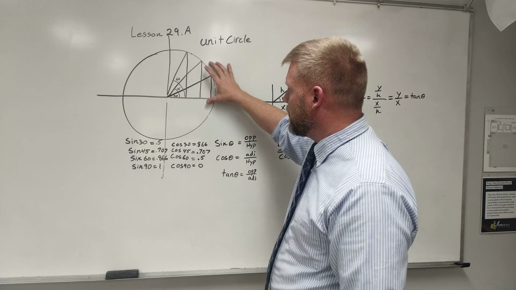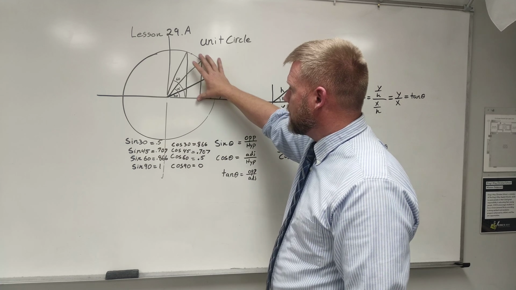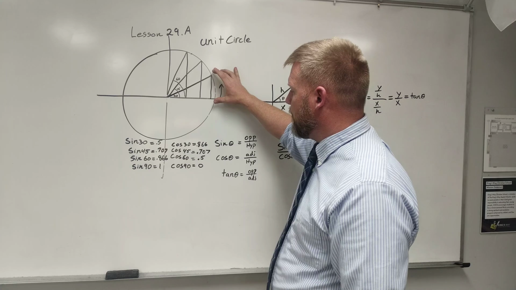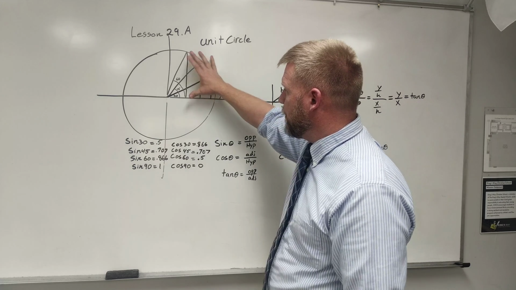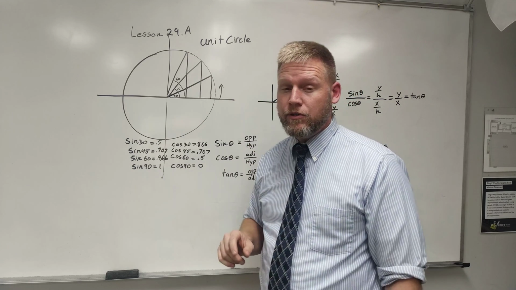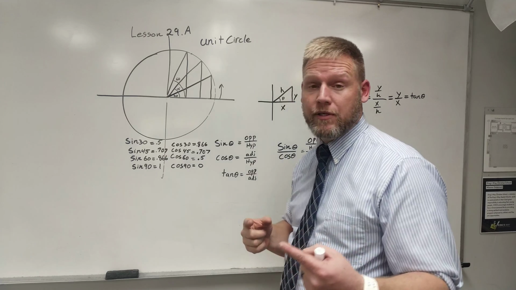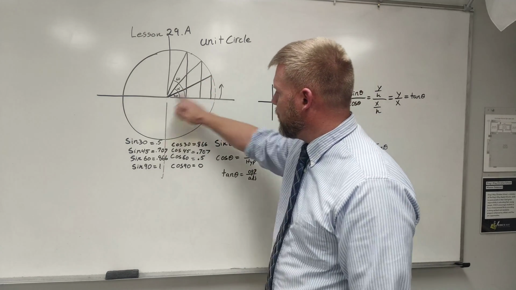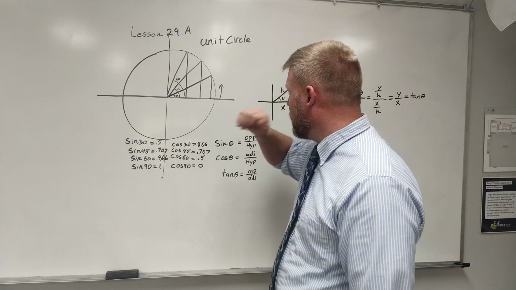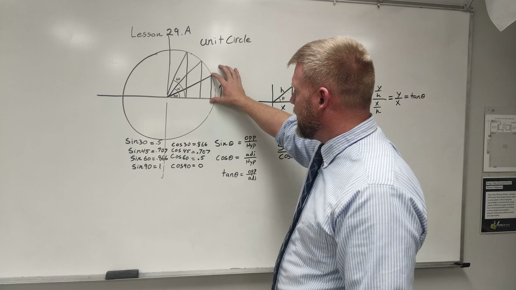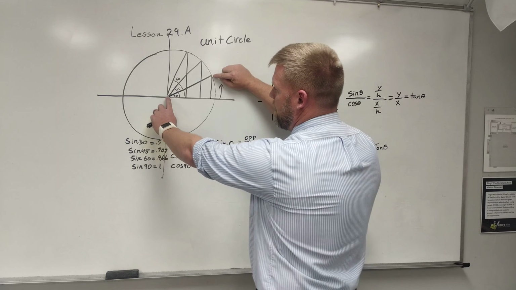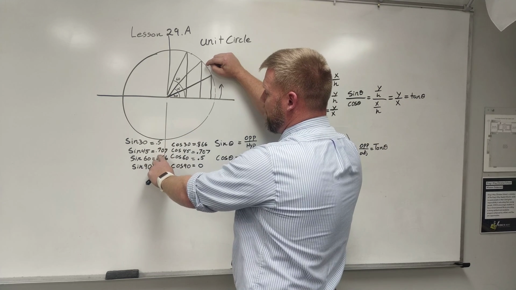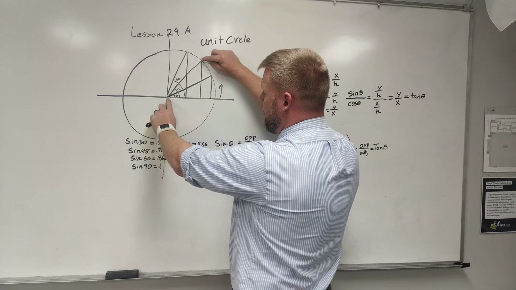Notice that the opposite gets longer as I go, which means my ratio gets bigger, because opposite is on top, hypotenuse on bottom. At 30 degrees, this length is exactly half of this length. But as it gets bigger, it's 0.707, so it's a bigger ratio.